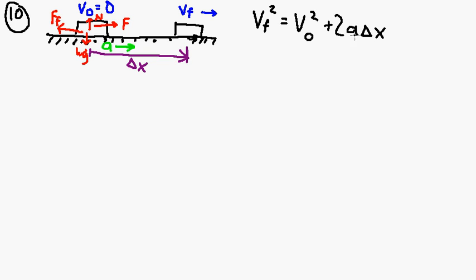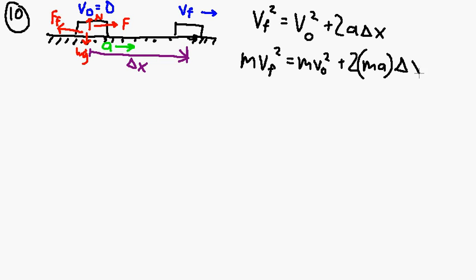You're going to have to take this on faith for a second, but if you multiply both sides by m, m v final squared equals m v initial squared plus 2 (ma) times delta x.